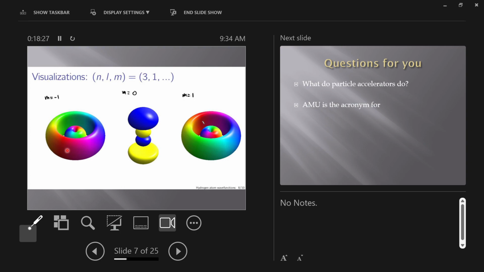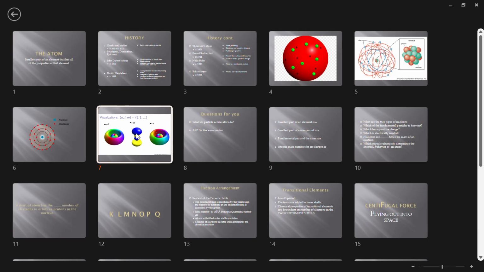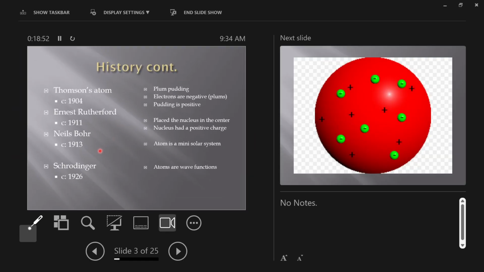Basically the electron can be anywhere in this space. Where it is exactly is hard to say, but it can be anywhere within this wave function, this volume of space around the atom, okay? And it's in none of these spots until it's measured. That's a little bit about how quantum mechanics works. I won't say more than that because we don't need it, okay? So that was 1926, Schrödinger.